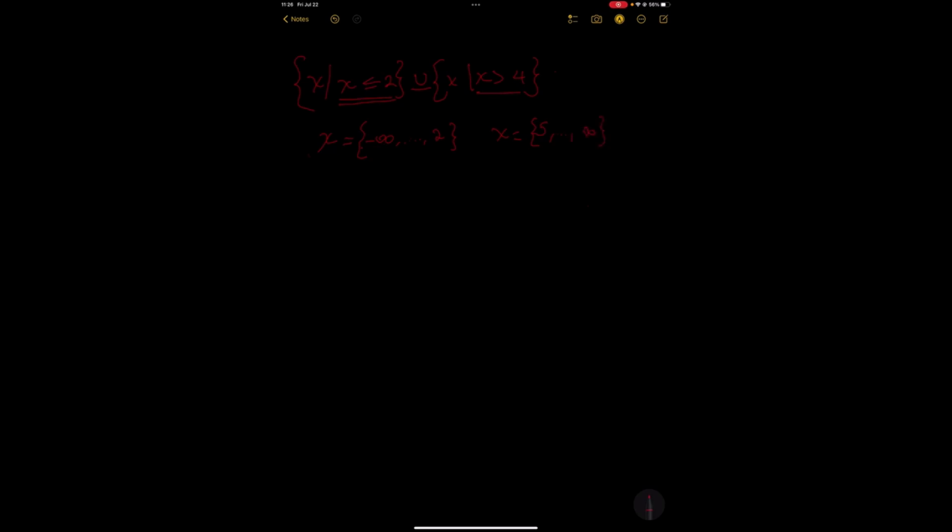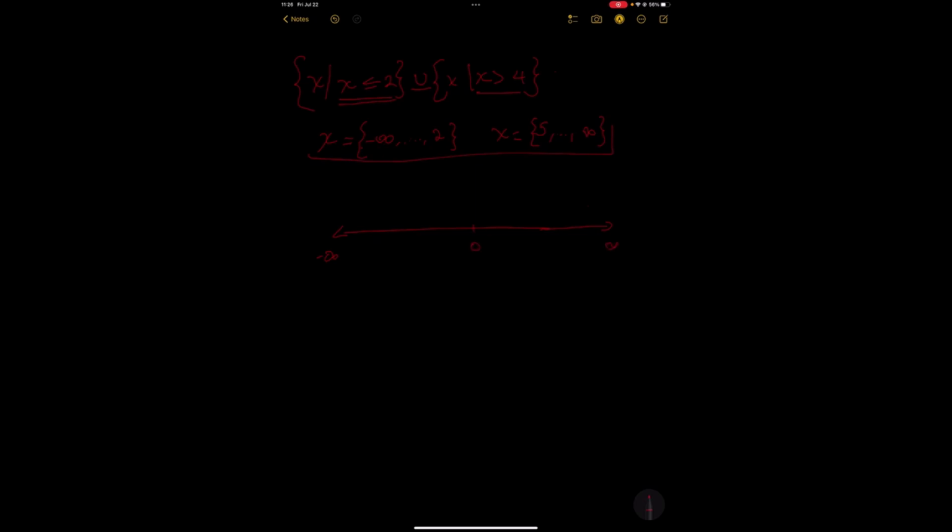So now you have those two things, and you can see what the graph would look like. How do we graph this? Here is the graph. We have negative infinity and positive infinity. Here is 0.